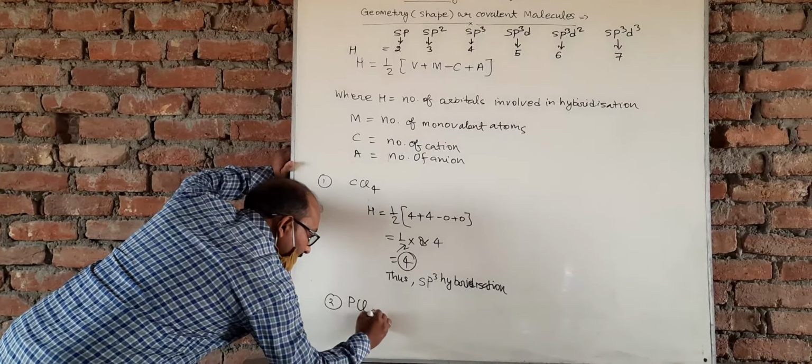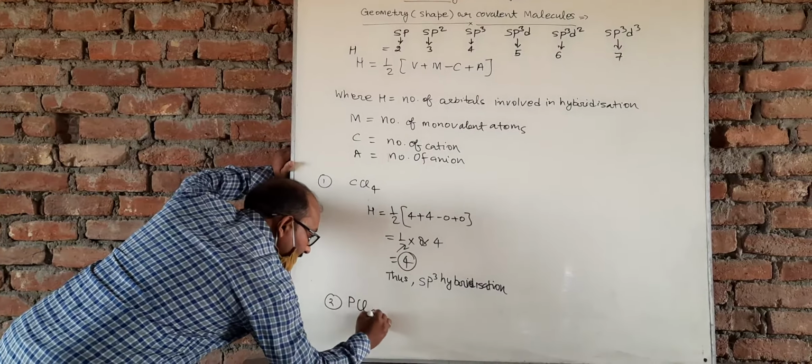There are 5 chlorine atoms, so M equals 5. There are no cations or anions, so C and A are 0.